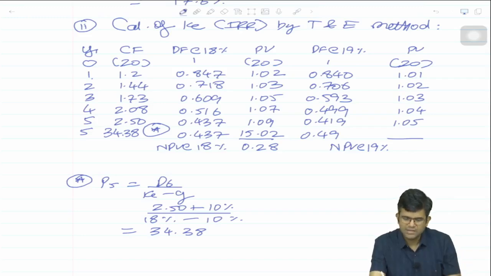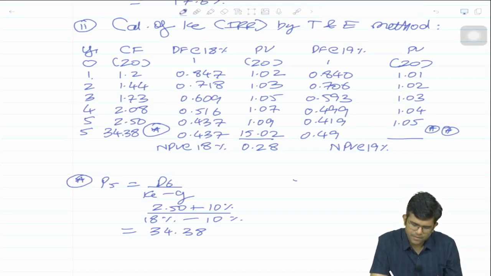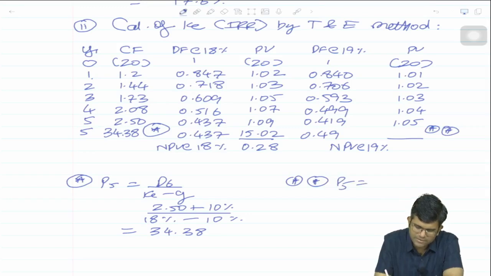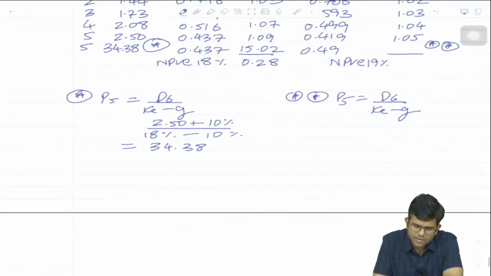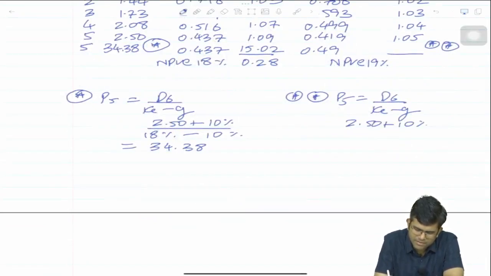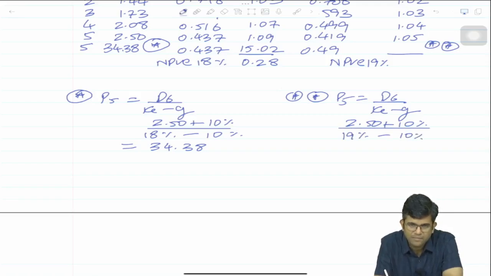But then the last one, I will put 2 stars, and then I will say first of all P5 is equal to D6 upon KE minus G. 2.5 plus 10%, the whole upon, the only thing that changes is now the discounting rate is not 18, we are doing a trial at 19%.